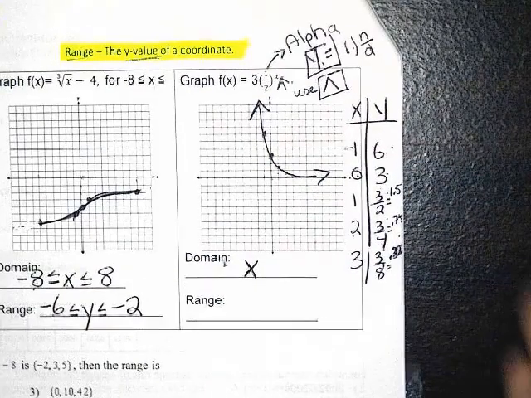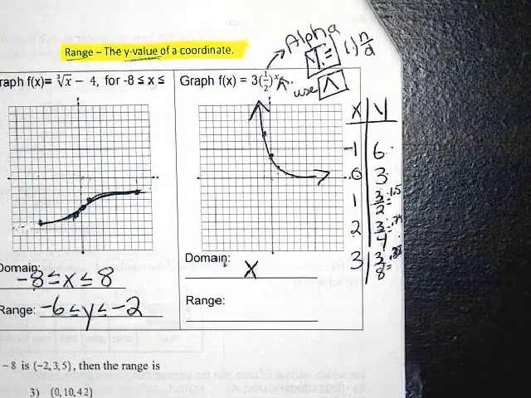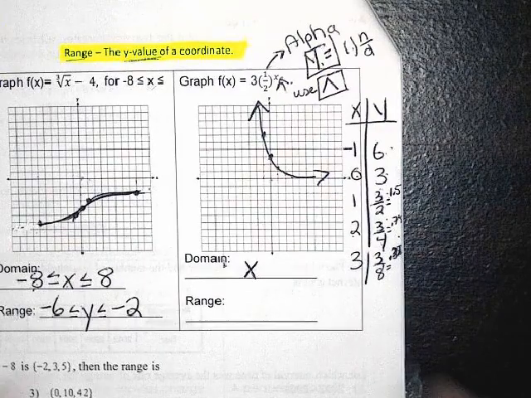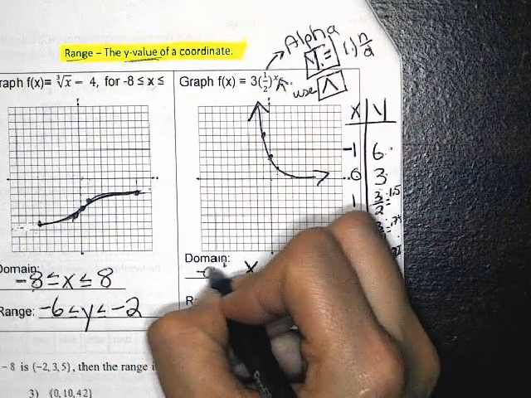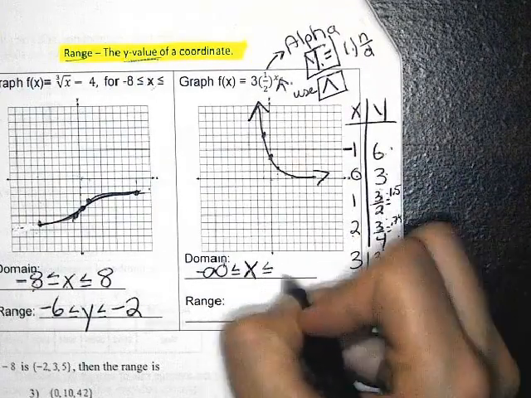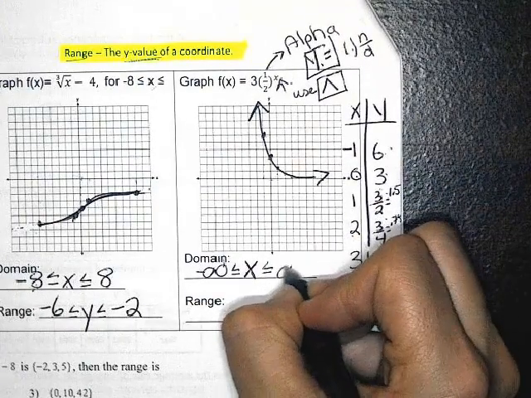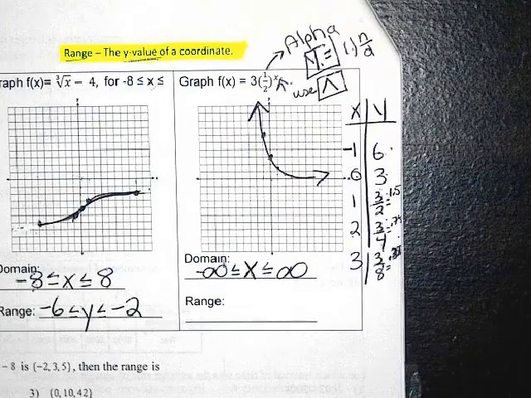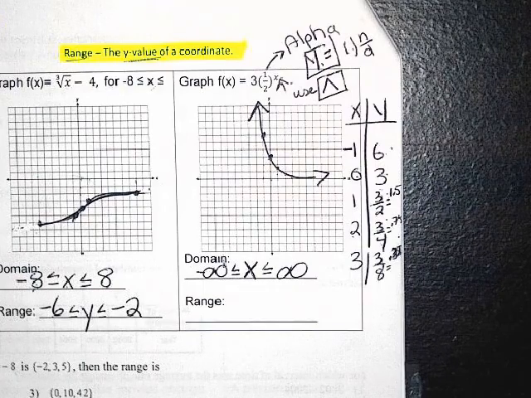Is it going to stop? No. So we would use negative infinity to positive infinity. What's on the left side? Now the range.